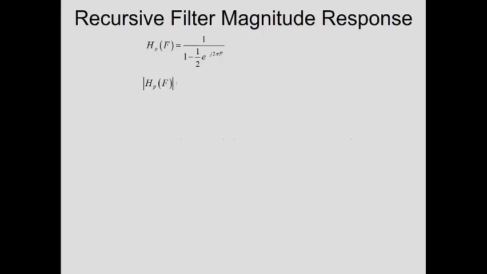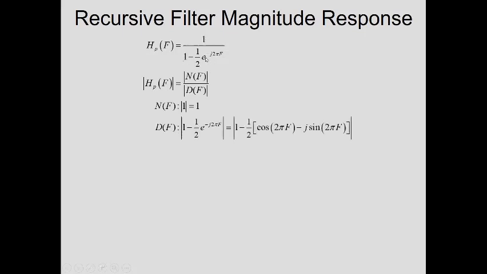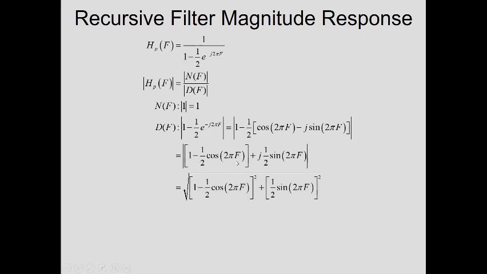And that particular function, we've already looked at its magnitude and phase. If we wanted to plot those, the magnitude of this complex function is the magnitude of the numerator divided by the magnitude of the denominator, where the magnitude of the numerator is 1. The magnitude of the denominator has a complex component. So we break up the Euler identity into cosine minus j sine, group the real parts and the imaginary parts, and take the magnitude as the square root of the real part squared plus the imaginary part squared.